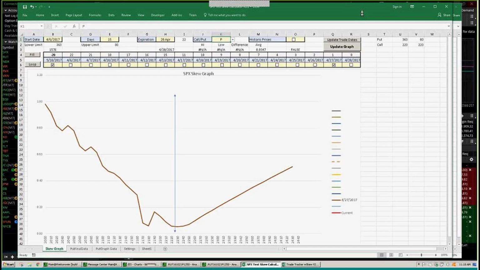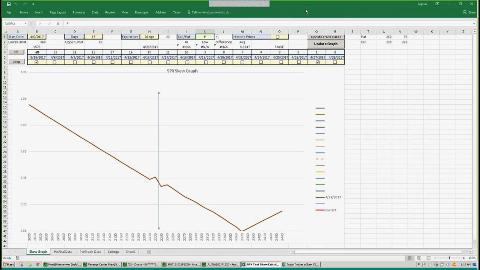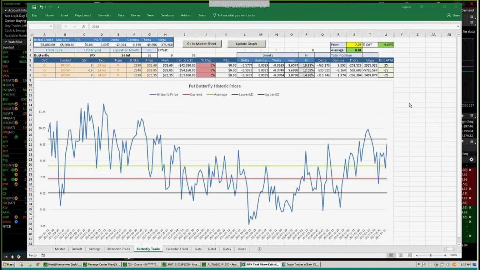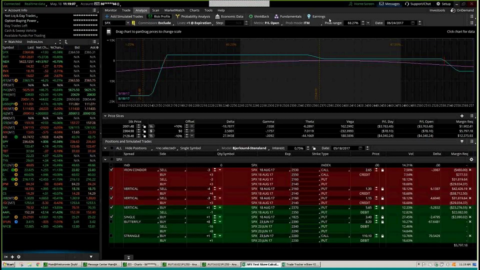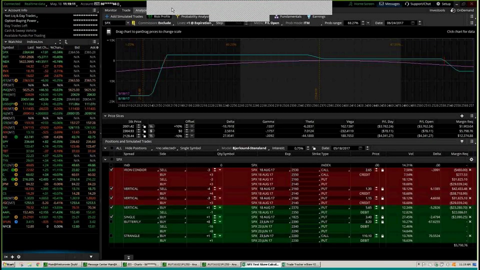Okay, let's see if there are any other questions. Rakesh made a comment that one of the reasons why call butterflies above the money work so well is that when IVs get crushed, that's like a double whammy.